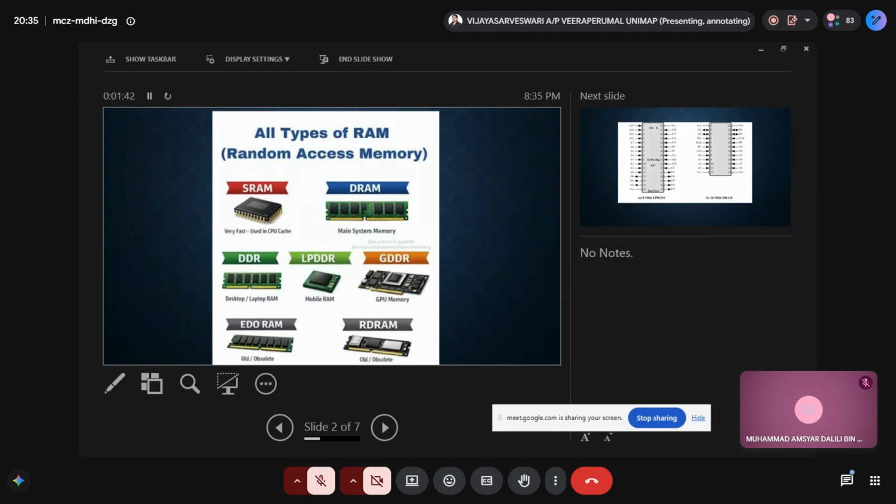Some PCs will have two, some PCs will have three. These are the DDR, the stick. Each one is a place to save the data. Sometimes when I was using a PC, I had this DDR.